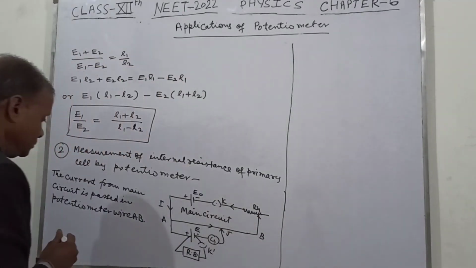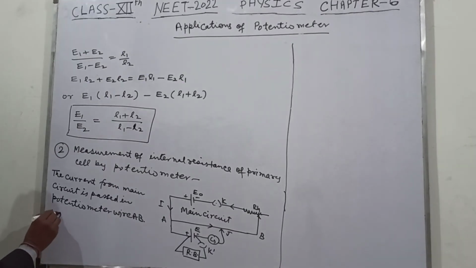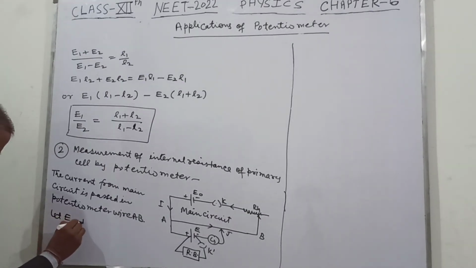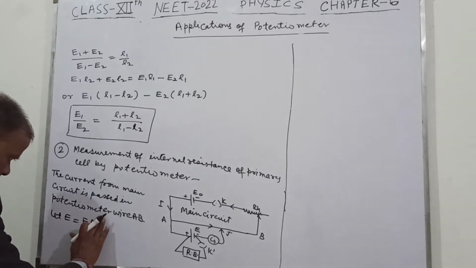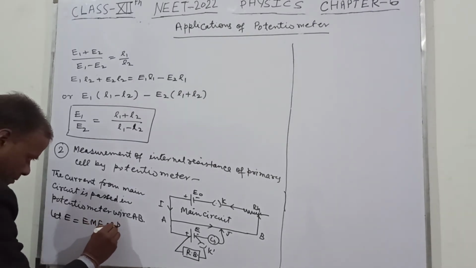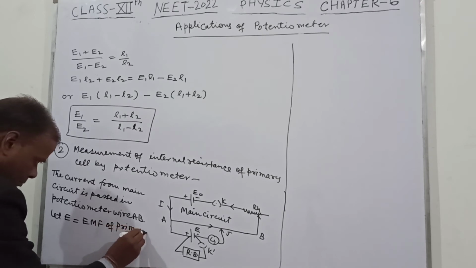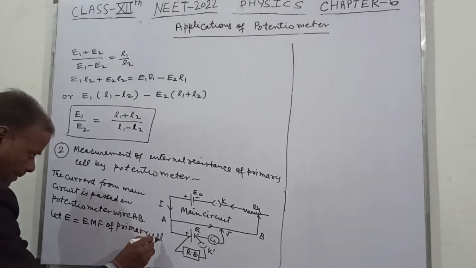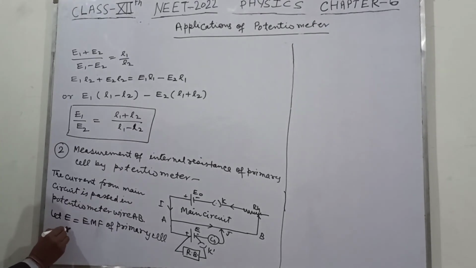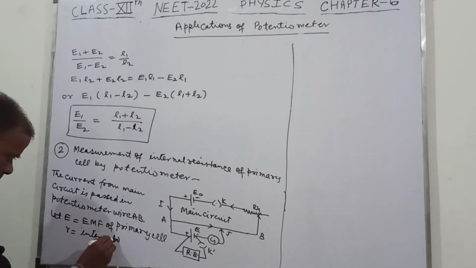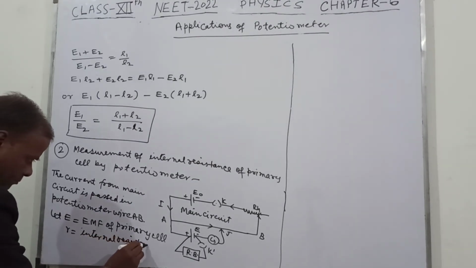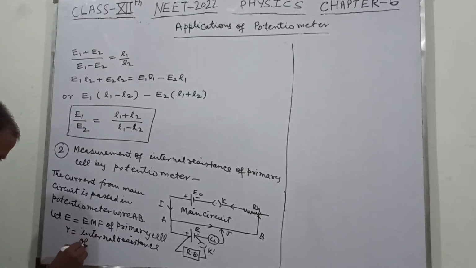Let E equal to EMF of primary cell and R equal to internal resistance of cell.